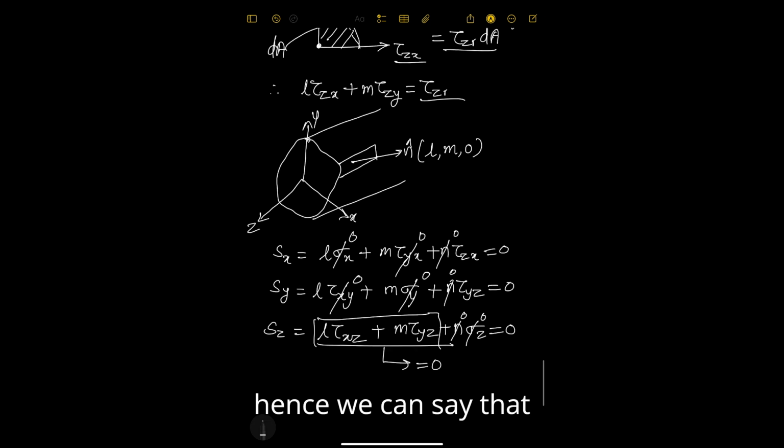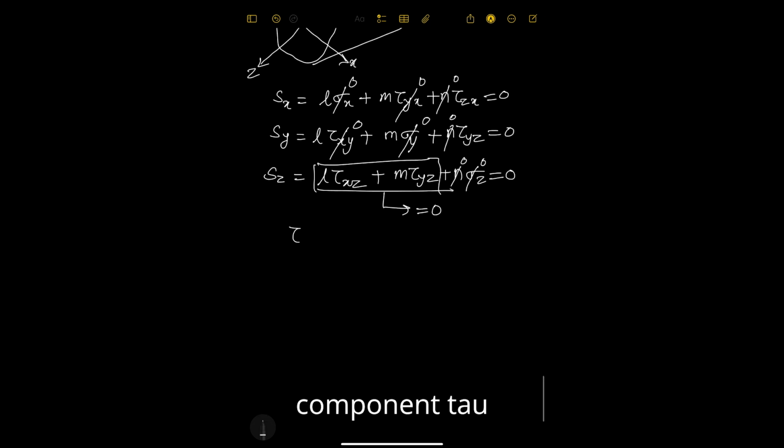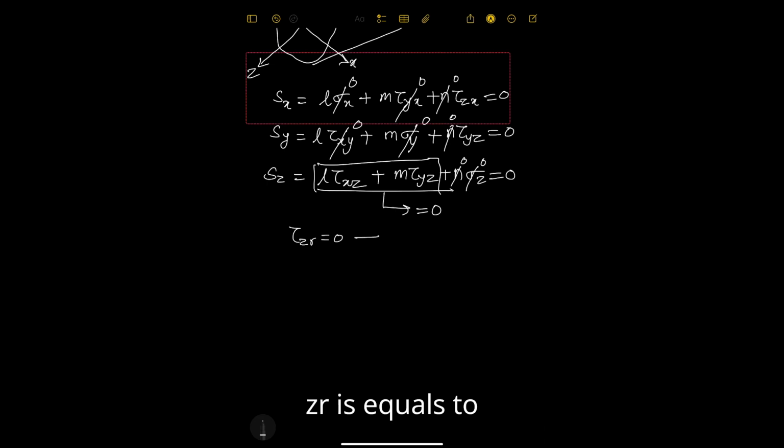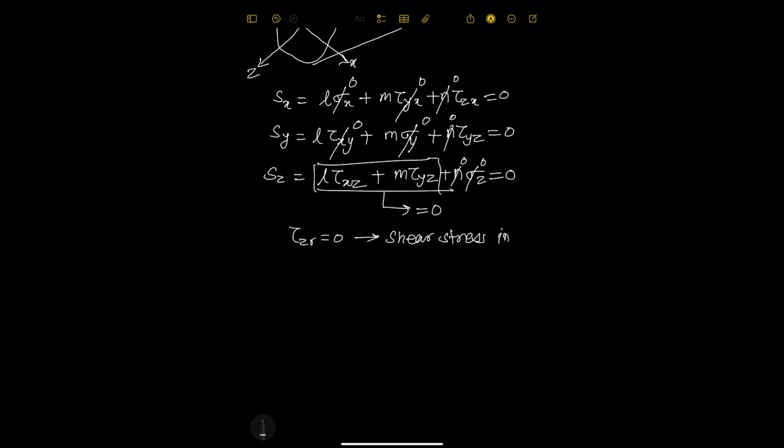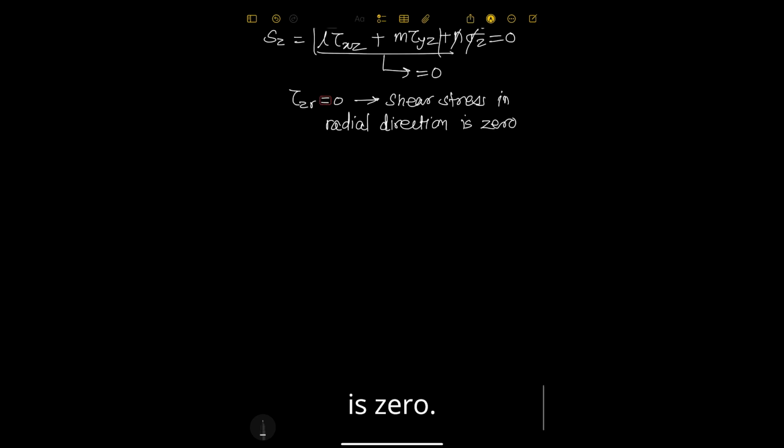Hence we can say that the component tau zr is equal to 0, which implies that the shear stress in the radial direction is 0.